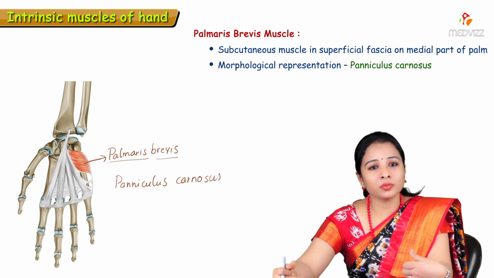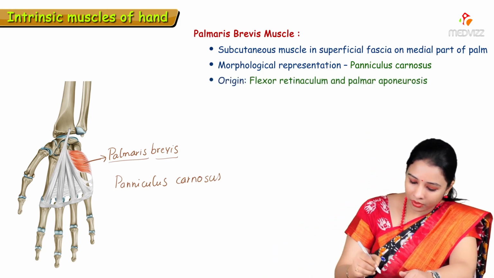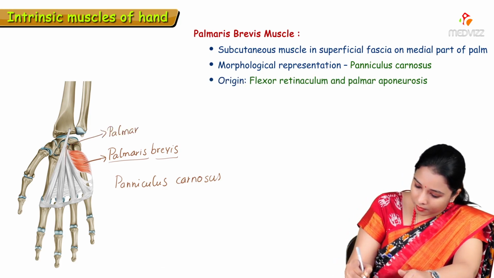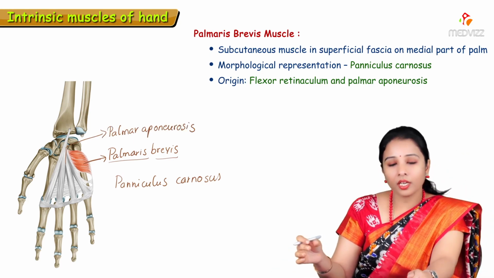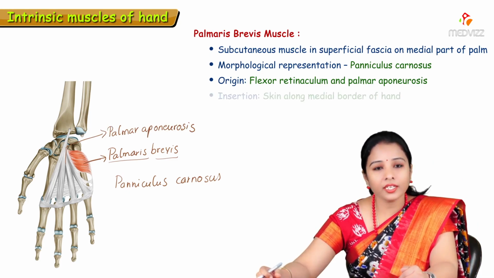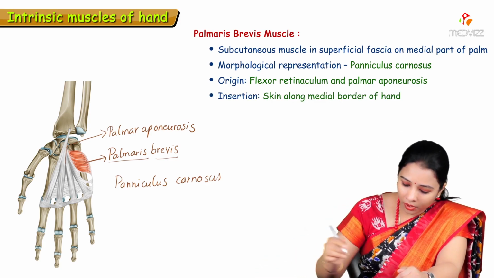Let's see its attachments. It gets origin from the flexor retinaculum and palmar aponeurosis. So this triangular one is the palmar aponeurosis, and partly it also attaches to the flexor retinaculum. And insertion, it gets inserted into the skin along the medial border of the hand.